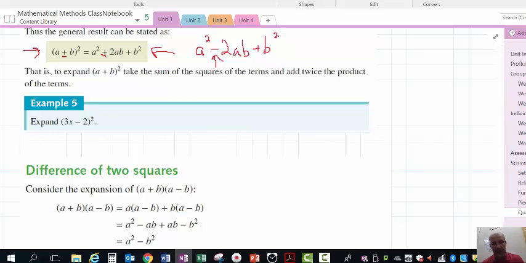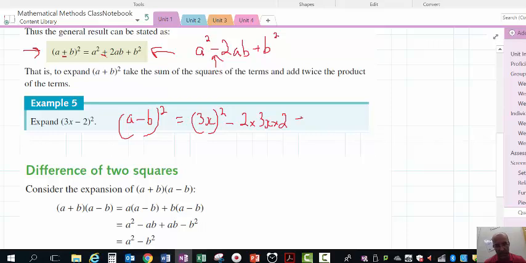If we have a look at 3x minus 2 all squared, we can see that that is a perfect square in the form of a minus b all squared, where a is 3x and b is 2. So we follow the pattern, and we've got 3x all squared minus 2 times 3x times b, which is 2, plus 2 squared.